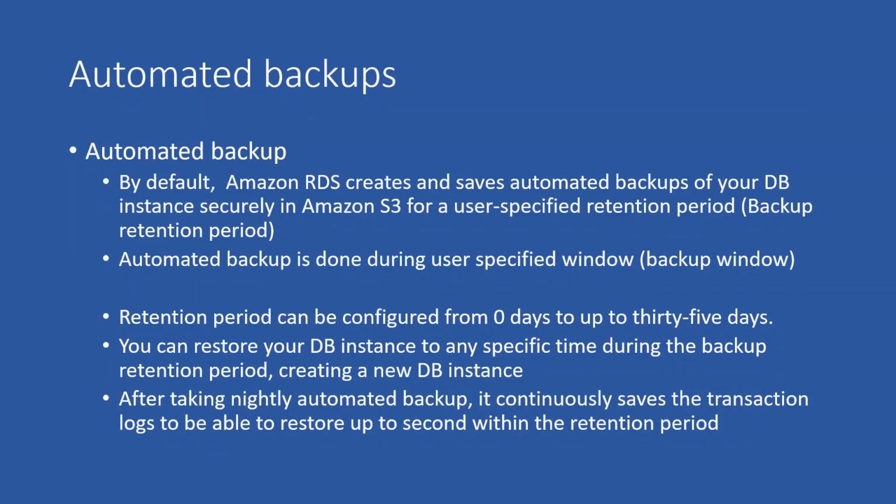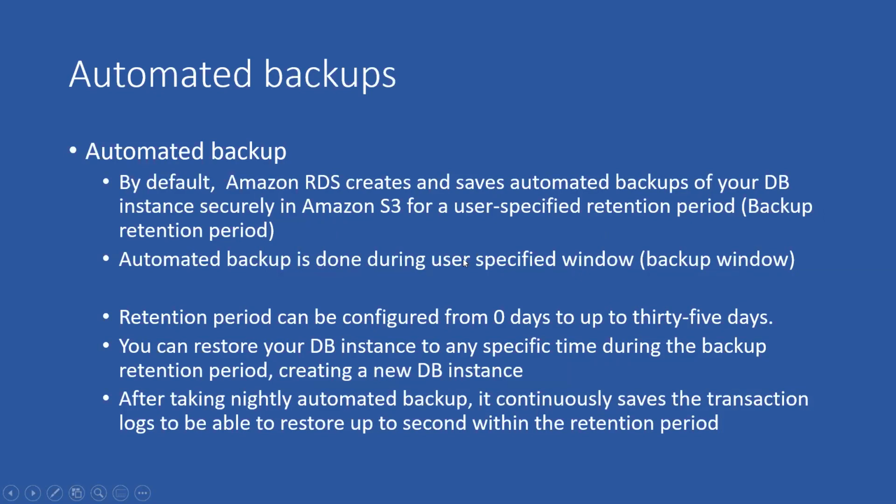So automated backups, let's recap this one. By default, Amazon RDS creates and saves automated backups of your DB instance securely in Amazon S3 for a user-specified retention period. That's called the backup retention period. You can go from 0 days to 35 days. The maximum is 35 days.